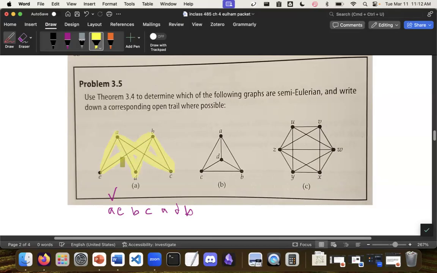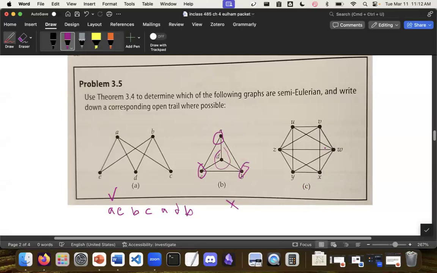Yeah, start and end at different places, but otherwise we can cover all of them. What about B? No? Yep. It's got 4 vertices of odd degree. 1, 2, 3, 4, which is all of them. And so since there's more than 2, then thumbs down.